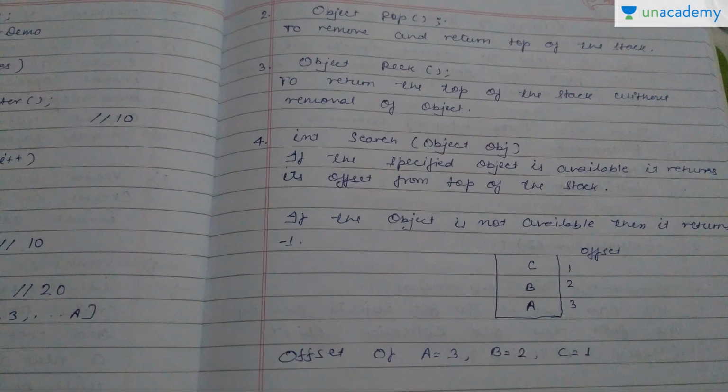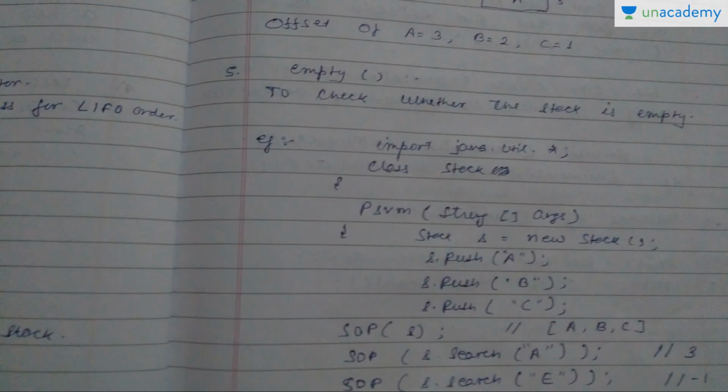Now we have one example over it. We have written import java.util.*. There we have a class named StackDemo. Now we have written the method public static void main, and we have given String args. Now we have created one object, Stack s = new Stack().